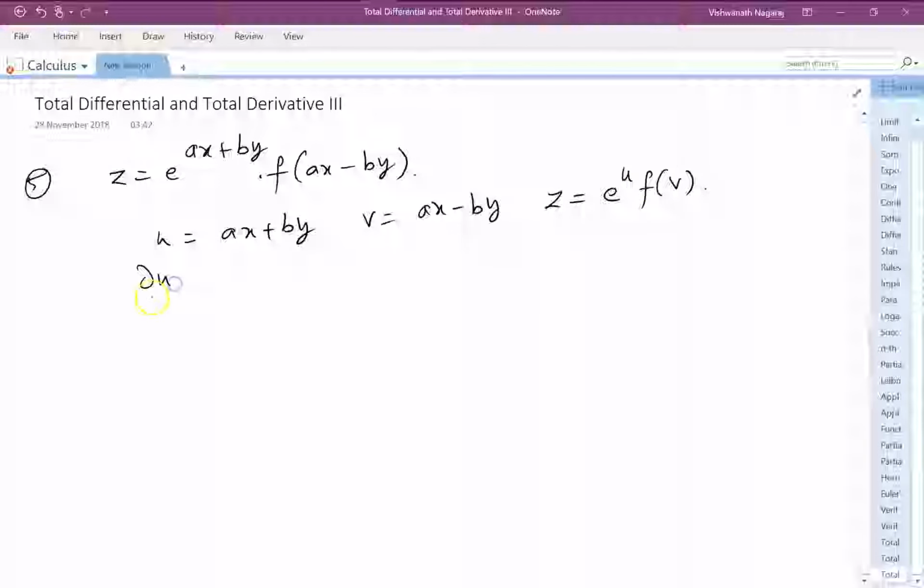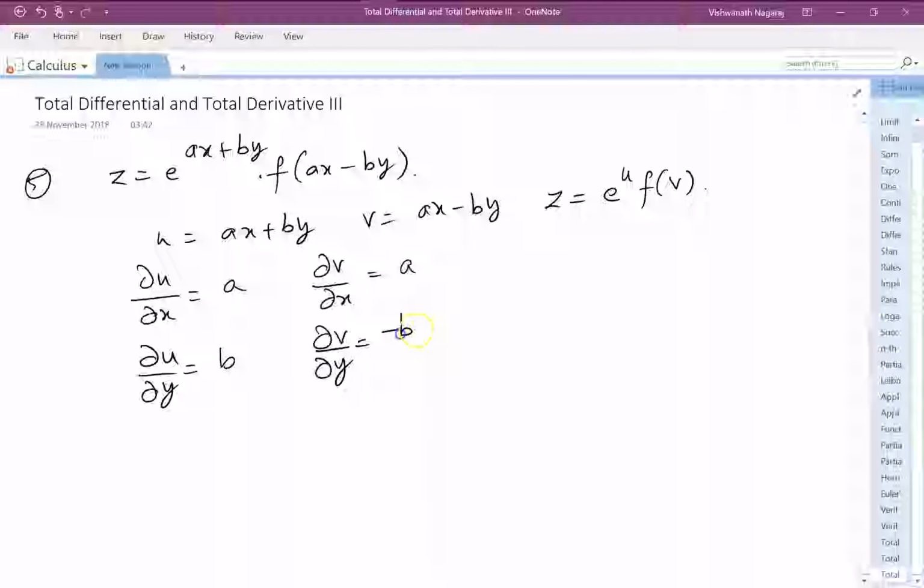Now dou u by dou x becomes a, dou v by dou x becomes a, dou u by dou y is b, dou v by dou y is equal to minus b.